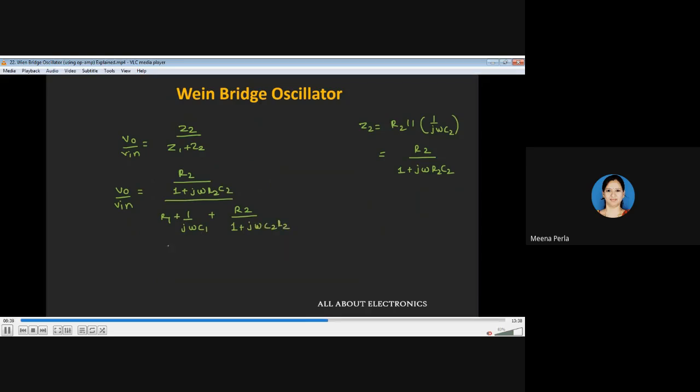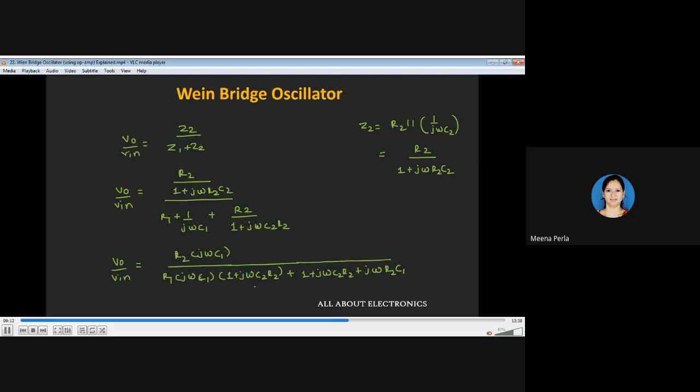If we simplify this expression, Vout by Vin will be equal to R2 times j omega C1 divided by R1 times j omega C1 multiplied by 1 plus j omega C2 R2, plus 1 plus j omega C2 R2 plus j omega R2 C1.